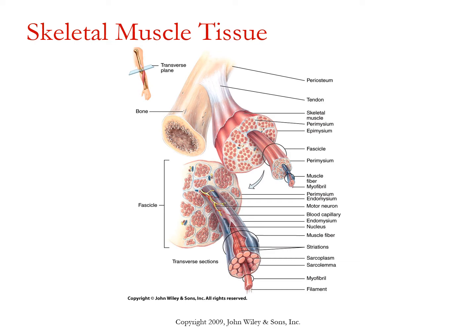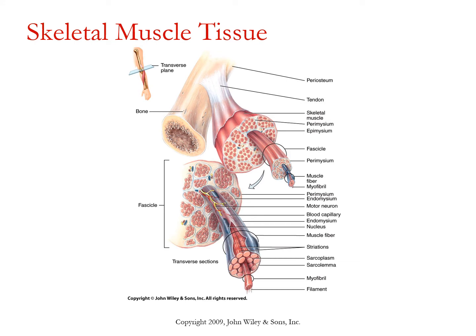Deep to the epimysium, we have individual bundles of muscle fibers. The bundle is called a fascicle, and each fascicle is surrounded by a connective tissue layer called the perimysium. So perimysium binds several muscle fibers together into a bundle called a fascicle.